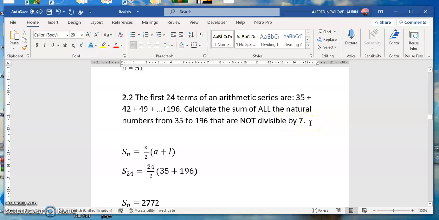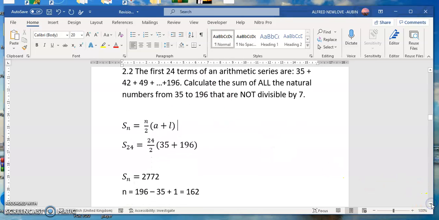So among the natural numbers from 35 to 196, some are divisible by 7, others are not divisible by 7. Is that okay? So here, what we need to do is find the number of natural numbers between 35 and 196.